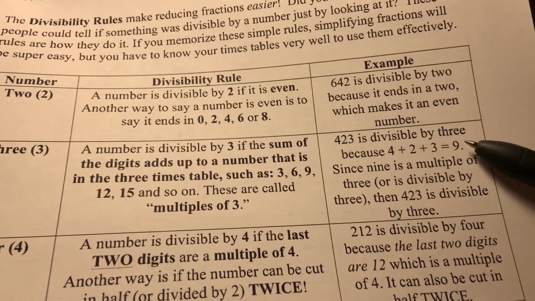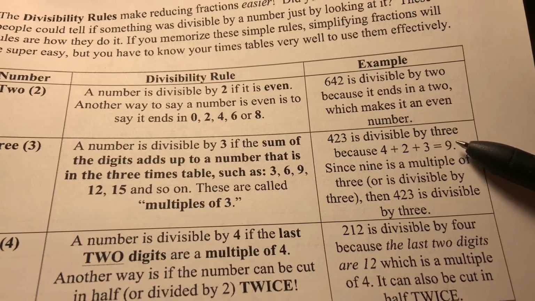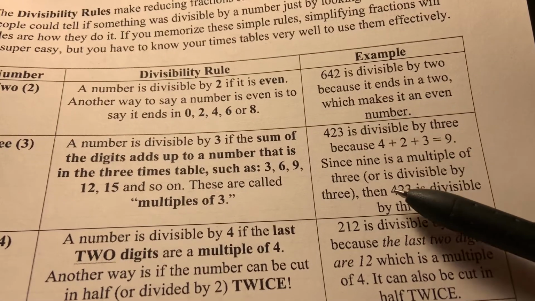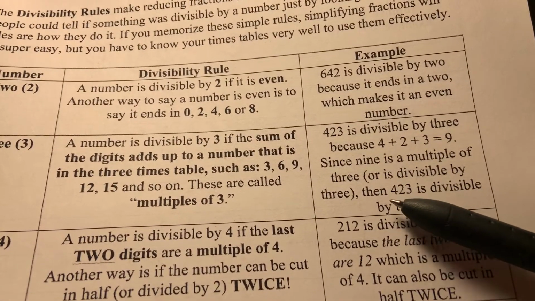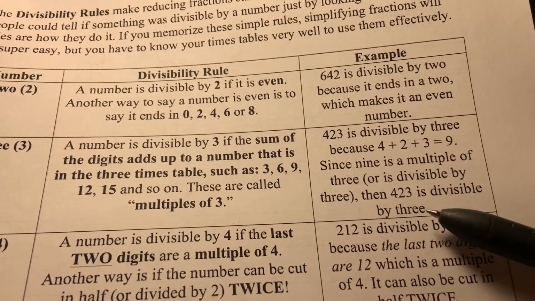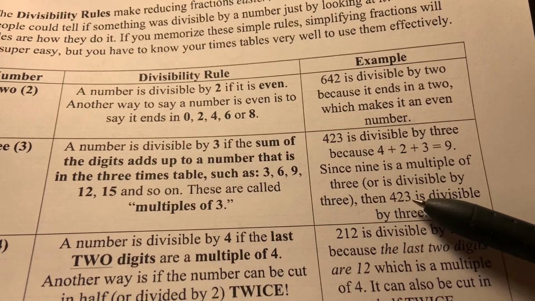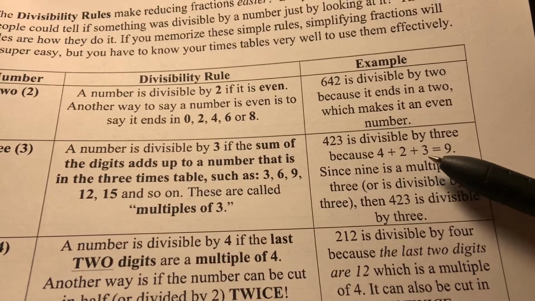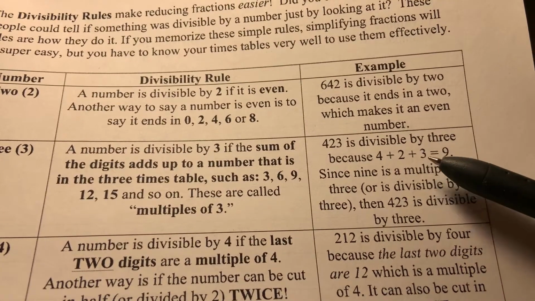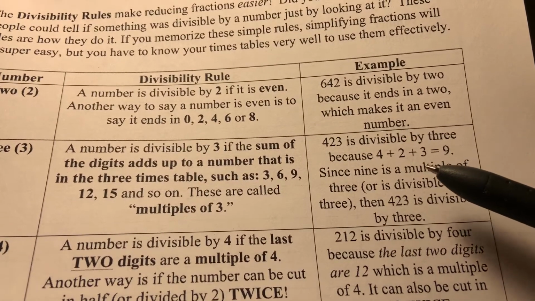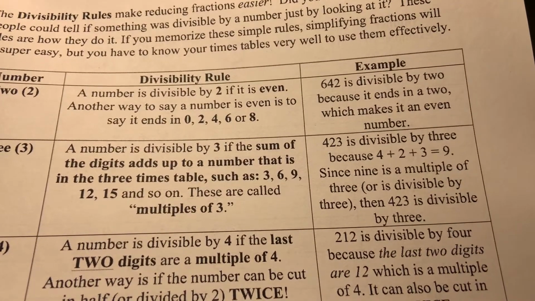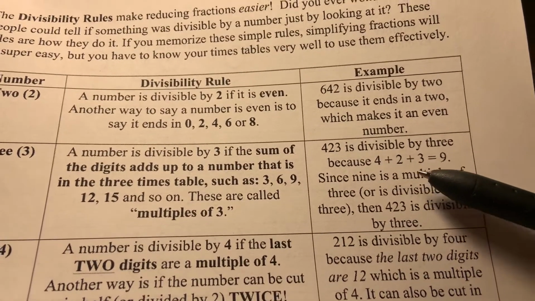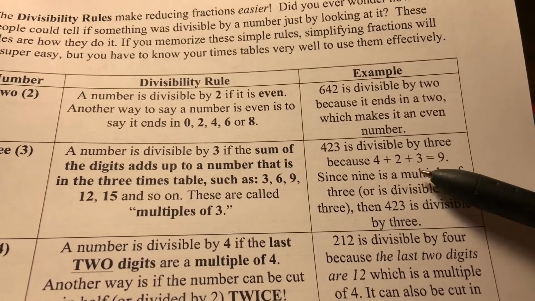Because 9 is in the 3 times table, because 9 is a multiple of 3, or is divisible by 3, which means the same thing, then 423 is divisible by 3, meaning this number can be divided by 3 without a remainder, simply because I added the numbers together. Now, for some of you hearing this for the first time, you're thinking that can't be, right? That doesn't make any sense. Why would you add the numbers that make up a number? It's a math trick, guys, and it actually works.